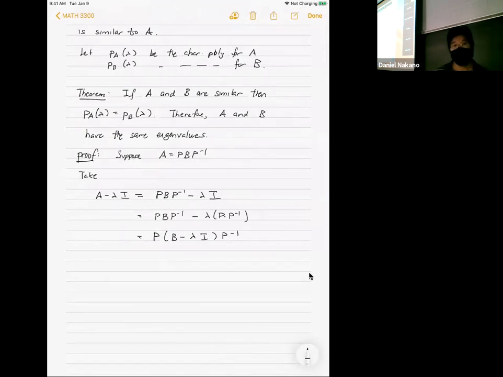Ideally, you'd like to knock the P and the P inverse out by switching B minus lambda I and P inverse, but that is not allowed because the matrices may not commute. However, we're not looking at this equation to get the characteristic polynomial. So what should we do next?